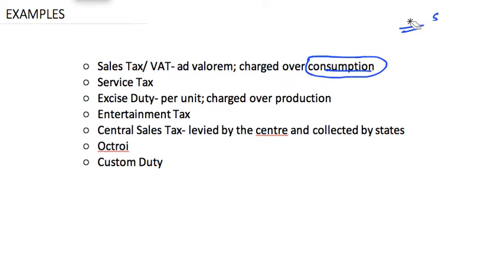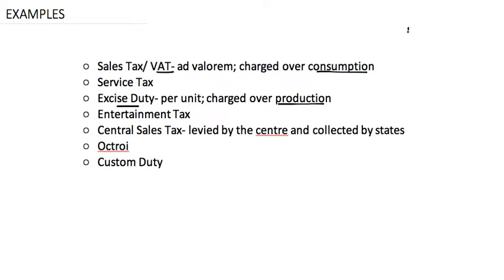The third one is excise duty. The difference between excise duty and VAT is that excise duty is charged over production and VAT is charged over consumption. This means that excise duty is chargeable when a good is produced by the manufacturer.